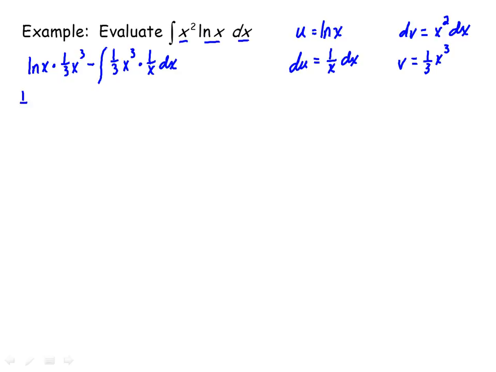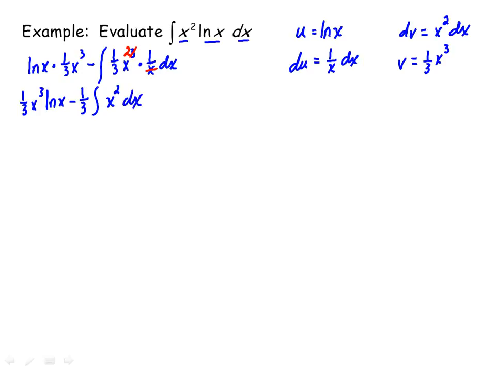We're going to have 1/3 x cubed natural log of x minus, and I'm going to clean up this integral a lot. So we're going to have 1/3 out front. And then what can you tell me about the x to the third and the 1 over x? One of those will cancel out, right? So I made them 1/3 out front, and so now what I have here is x squared dx.